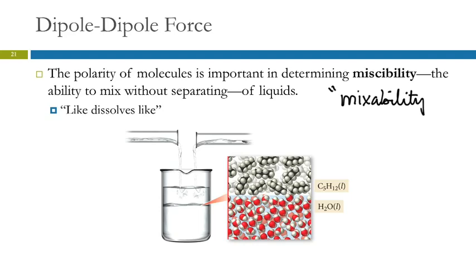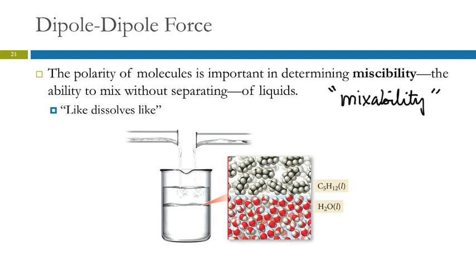So when we talk about liquids mixing together, the word we use is miscibility, the ability to mix without separating. That's a weird word. It sounds like mixability, and it means essentially the same thing, if that helps.